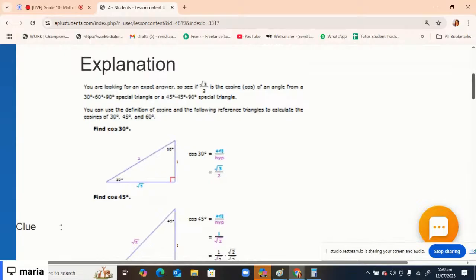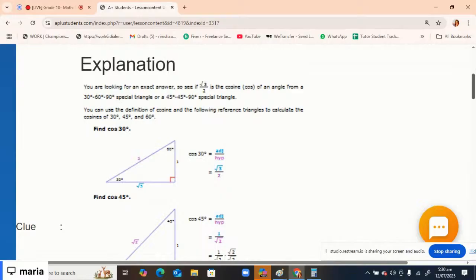You're looking for an exact answer to see if square root 3 by 2 is the cosine of an angle. Form a 30-60-90 special triangle, or a 45-45-90 special triangle. So you can use the definition of cosine and the following reference triangles to calculate the cosines of 30, 45, and 60.